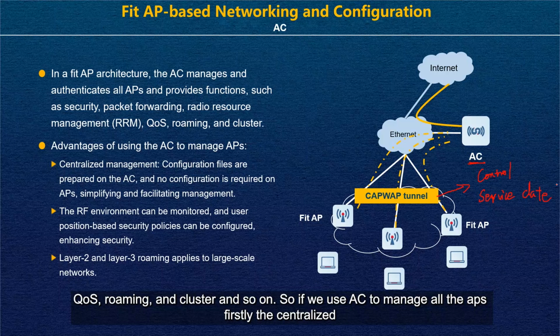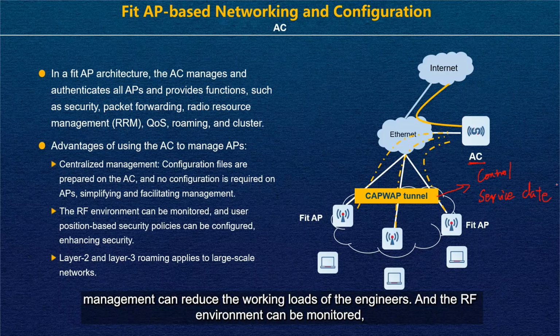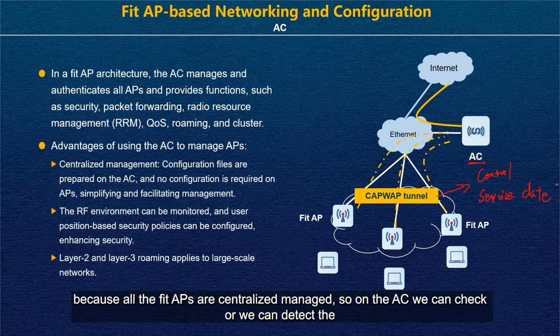on. So if we use the AC to manage all the APs, firstly, the centralized management can reduce the workload of the engineers, and the RF environment can be monitored because all the Fit APs are centrally managed.